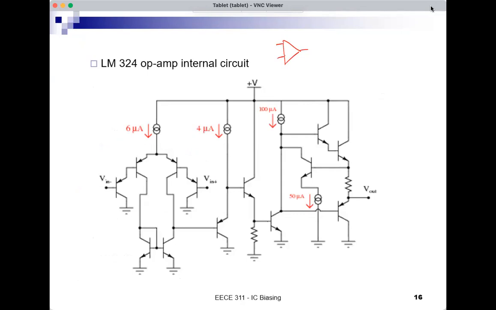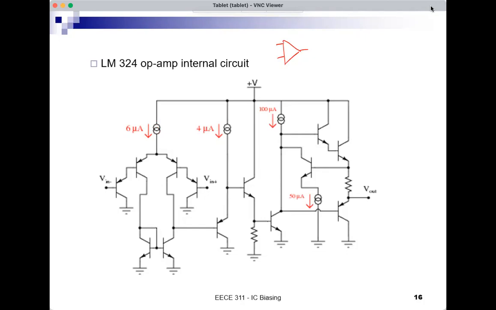Inside the op-amp, for the LM324, a popular op-amp, there is a circuit that looks like the one you see with many bipolar transistors, and you see the current sources. So this is another symbol for the current source. If you see the symbol, it means current source.